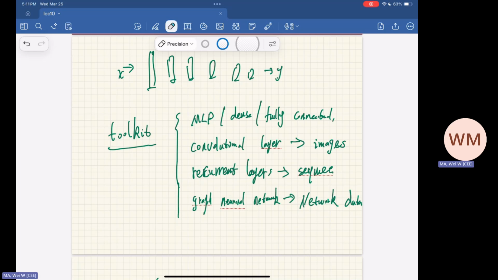I think in the past 10 years, there have been so many papers on neural network structure development. Nowadays there's already a lot, and it's very difficult to claim that you have some contribution on designing a neural network. For example, if in your paper you say that you have developed a new structure of the neural network, this is very weak.